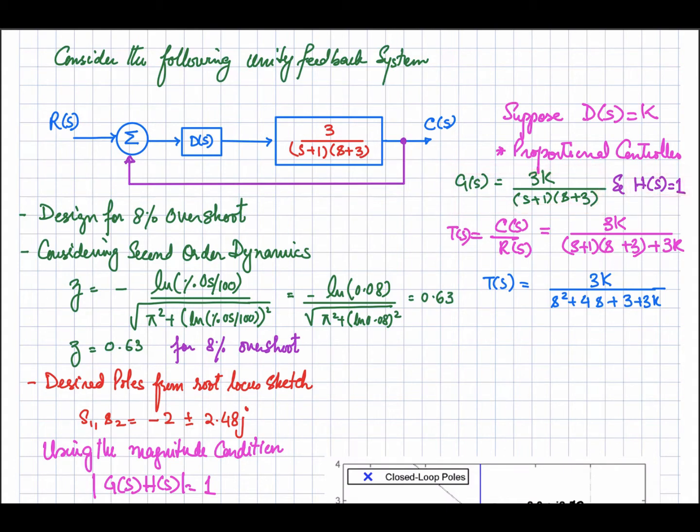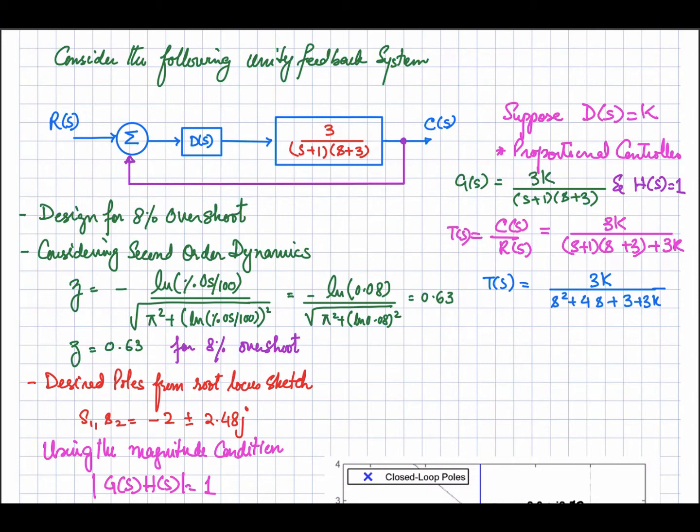Using this, you can write down the closed loop transfer function relating R of s with C of s. This is the closed loop transfer function, and it can be simplified and written like this. Let's suppose that we are going to design the system for 8% overshoot. So we can find the damping factor for 8% overshoot.